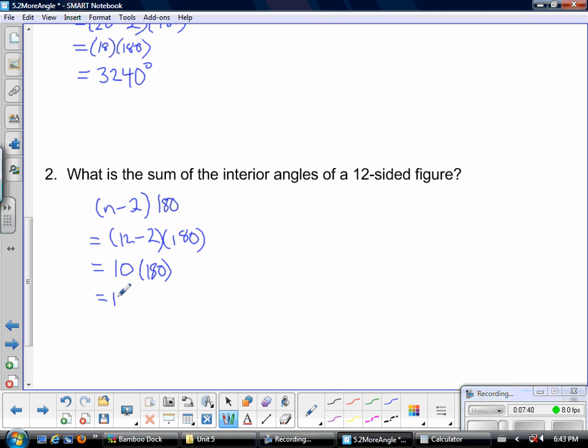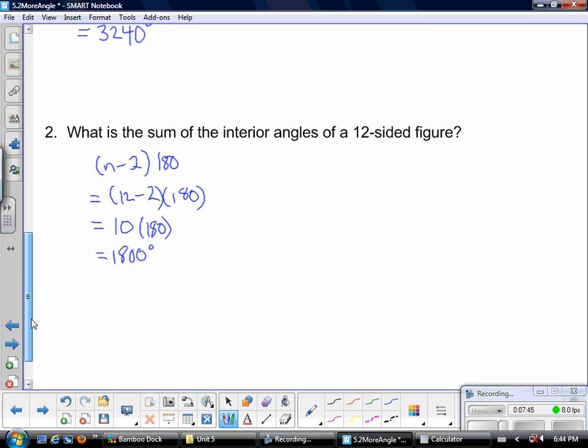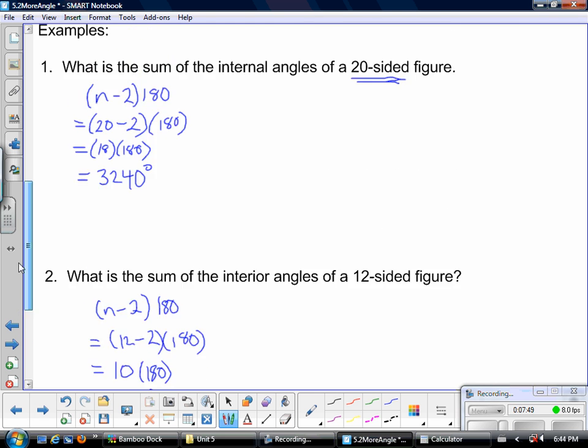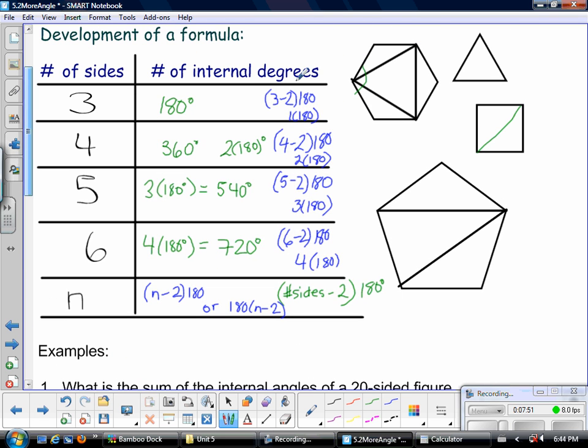That's going to be 1,800 degrees. So that's as simple as it is. Now, if you happen to forget that and you were asked a question, you could come up with the formula yourself because you helped me do it. And that's how centuries ago, mathematicians, usually Greek, came up with these relationships that we now use today. Have fun!